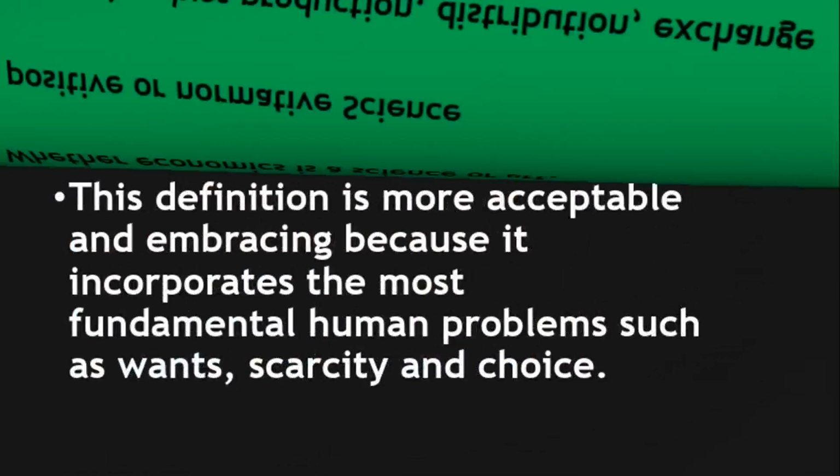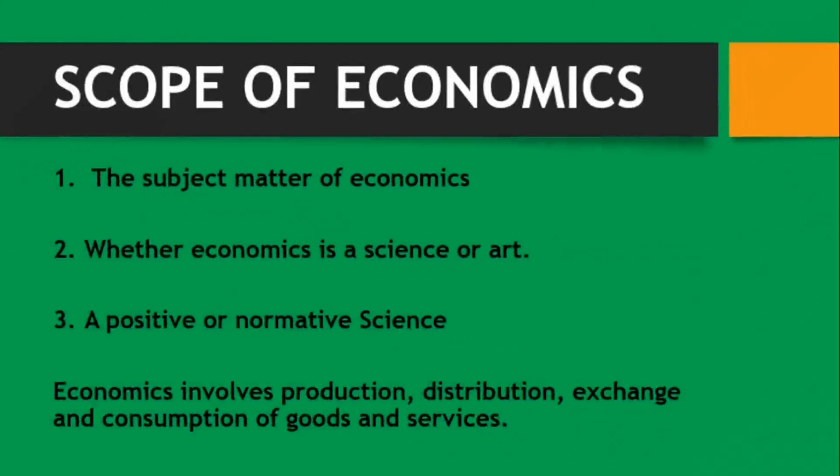The next is the scope of economics. Now, what does economics cover? First, it covers the subject matter of economics. Then, secondly, whether economics is a science or an art. We have seen that the most widely accepted definition of economics is as a science.